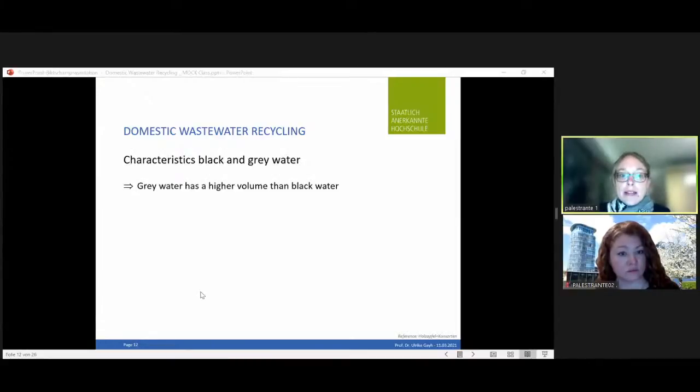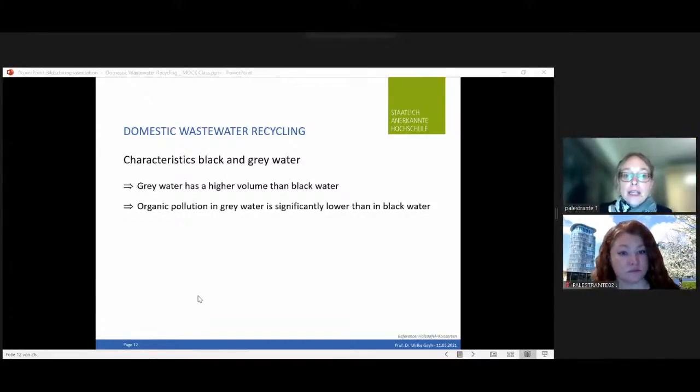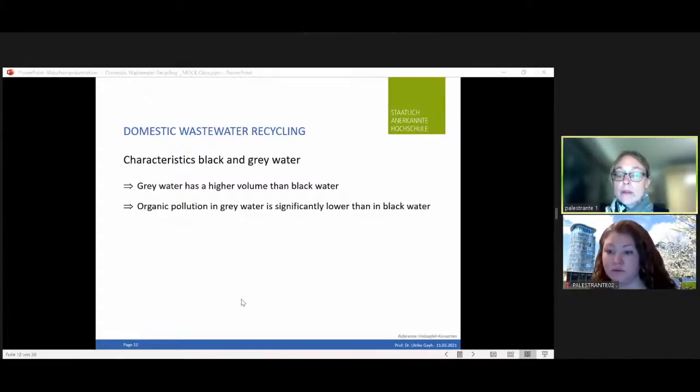When we summarize these aspects, we can say that the gray water has a higher volume than black water. Isn't that false? Gray water has a higher volume than black water? When you have a look at your house, the gray water is all the wastewater.